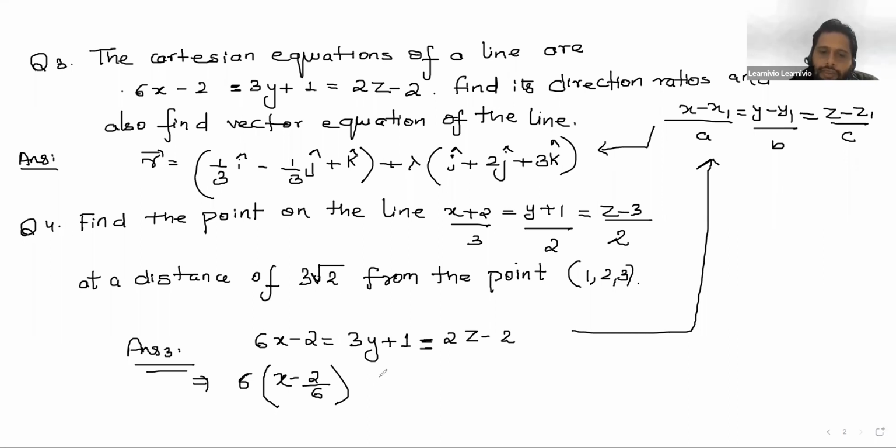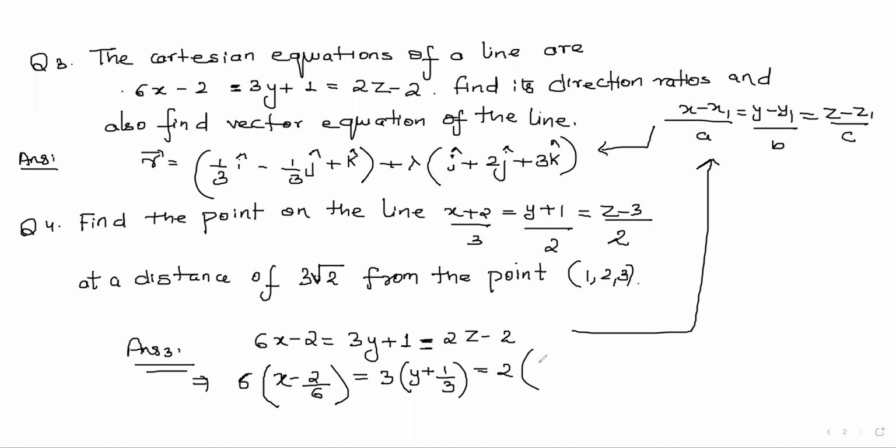Is equal to. Then from this, take out 3 common, because we need to make this unity. So y plus 1 by 3. And from this, what will we take common? 2. So you get z minus 2 by 2, and 2 by 2 means 1. It's your wish, you can write this down later.